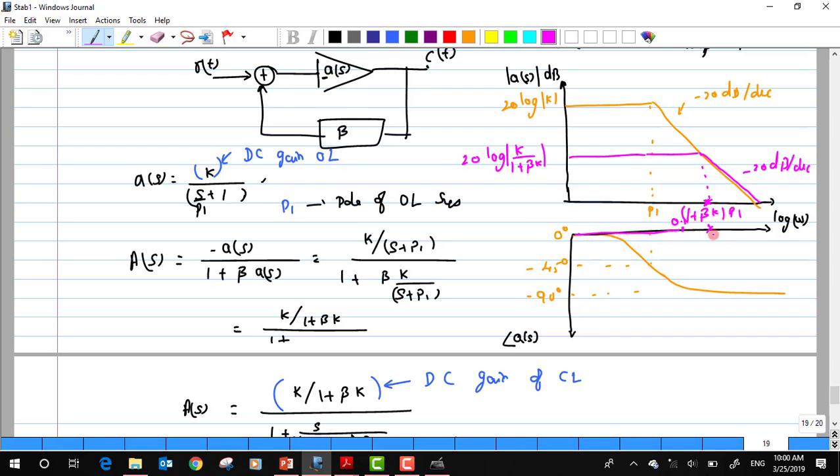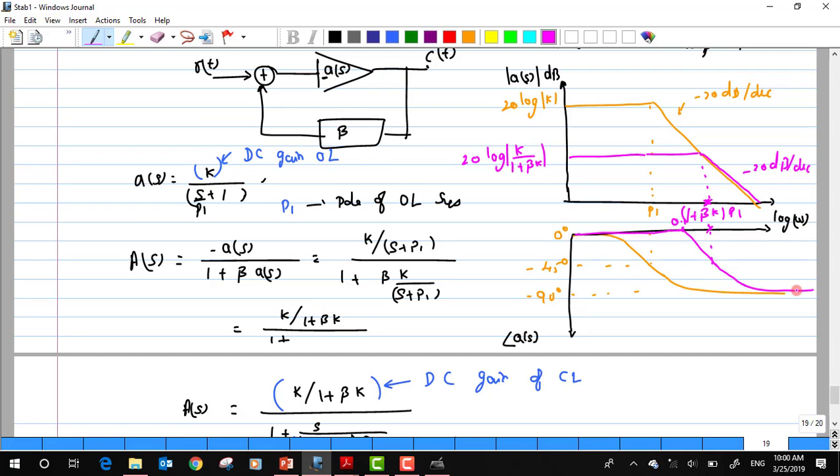And when I reach this particular spot, I need to have 45 degree. And then when I go a decade away from this location, I reach a maximum of 90 degree. Okay, so there is a shift in my phase to a different frequency. Is that all clear? Any doubt in this?